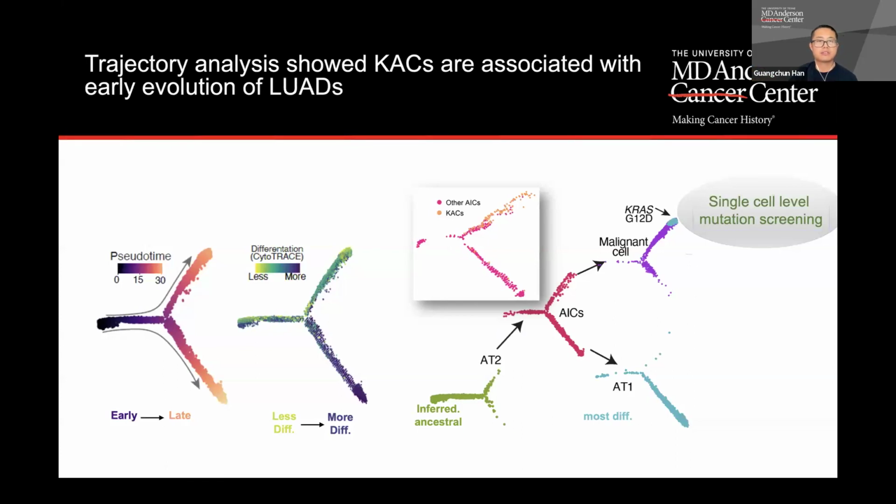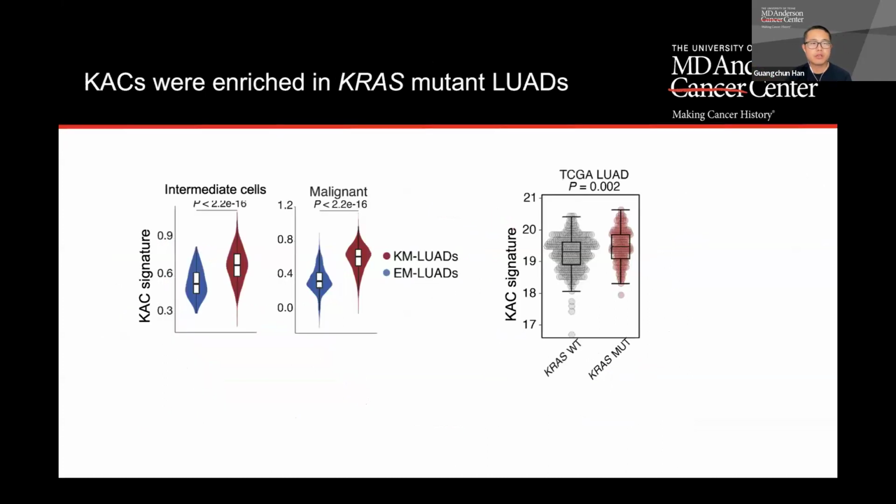All right, so at this point, we identify CAC cells, which are serving as the potential connectors or progenitors of lung adenocarcinoma development. And we want to validate them in a more systematic way. So this slide shows additional evidence for the potential involvement of CAC cells and KRAS mutant features.